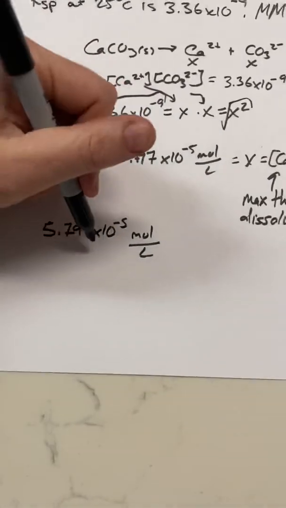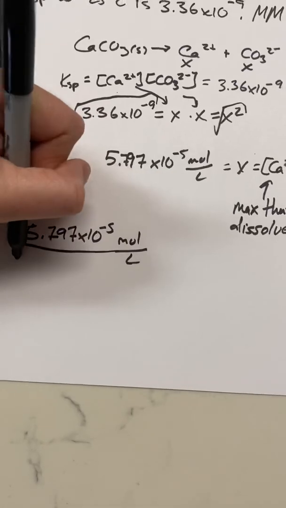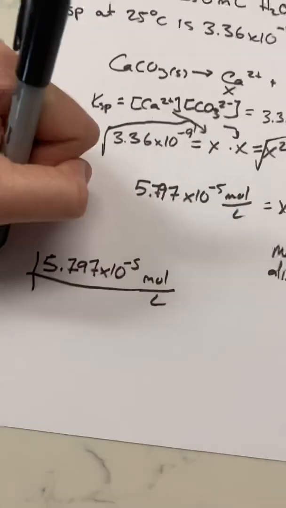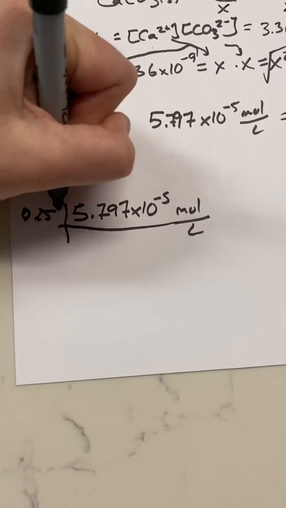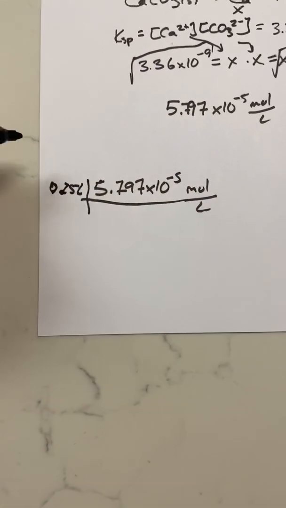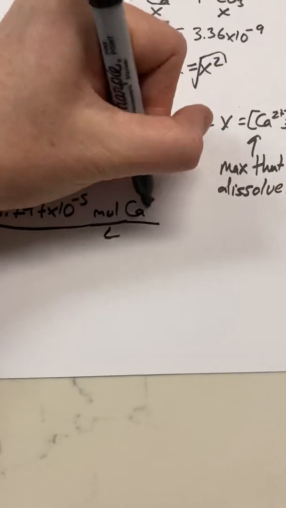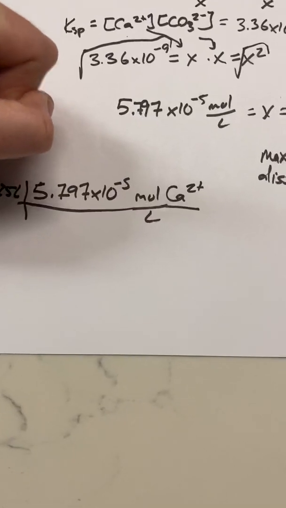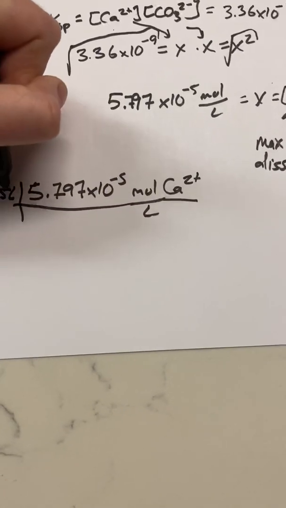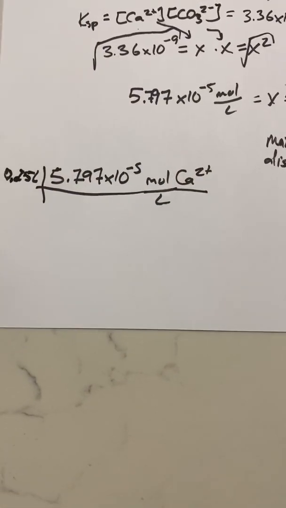And the question is in 250 milliliters, in other words, 0.25 liters. We can figure out how many moles of calcium there would be. So we're taking 0.25 liters times 5.797 times 10 to the negative 5 mole per liter calcium.